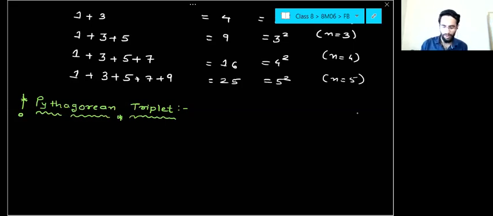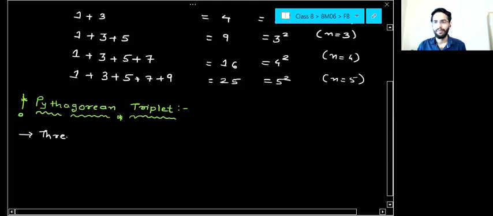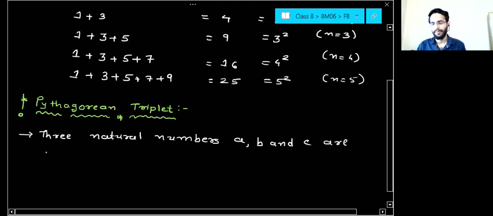Very good. So for Pythagorean triplet, if I say three natural numbers A, comma B and C are said to be Pythagorean triplet.